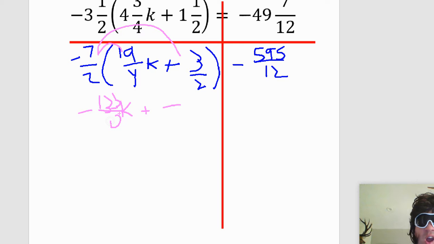Remember, when you multiply fractions, all you do is multiply straight across. It's the easy peasy, lemon squeezy stuff. And this one will be negative 21.